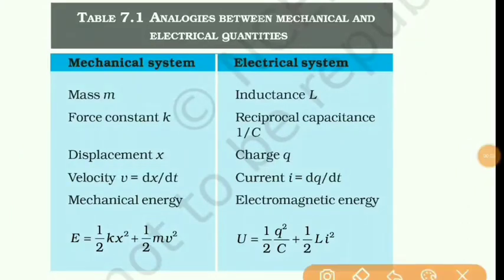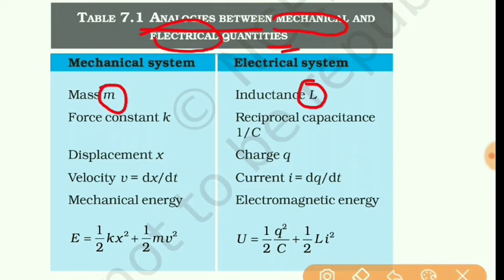In this table, the analogy is shown between mechanical oscillations and electric oscillations and their related quantities. Students, the role played by mass in a mechanical system is similar to that of inductor in an electric system.